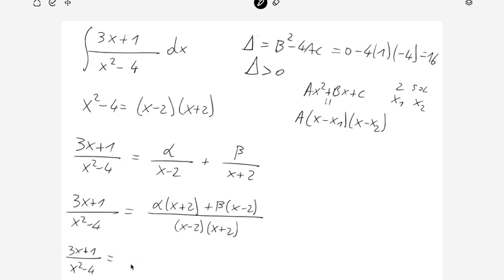If we solve it, we obtain alpha x plus 2 alpha plus beta x minus 2 beta over x minus 2 times x plus 2.